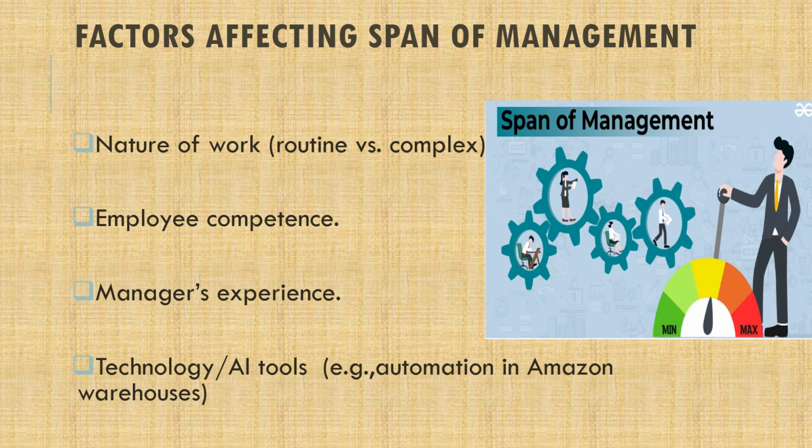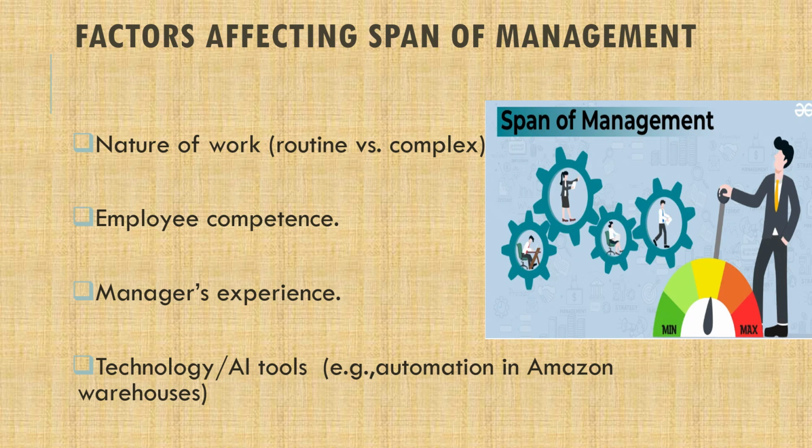Nowadays, technology and AI tools play a very important role. If the organization is well versed with all these technologies and AI tools, then wide span of management is okay. But if the management is not technologically updated, or only normal technology is there, because nowadays we can't say that there is no technology, the technology is very common in all organizations.